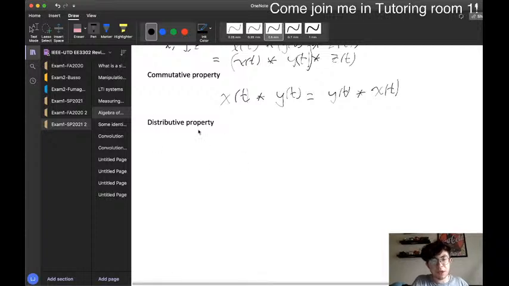One last thing that I'm going to talk about here is that convolution satisfies the distributive property.